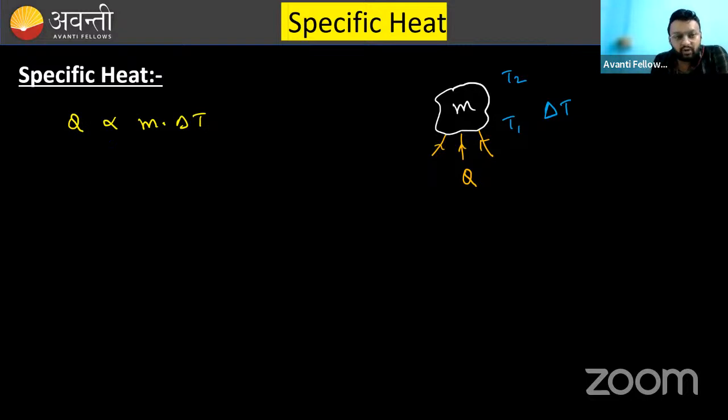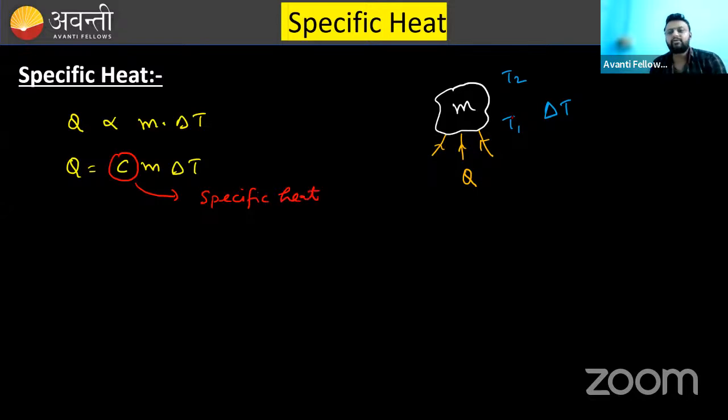So if I remove the proportionality sign, there is a constant: Q is equal to a constant times mΔT. And this constant C is called specific heat.